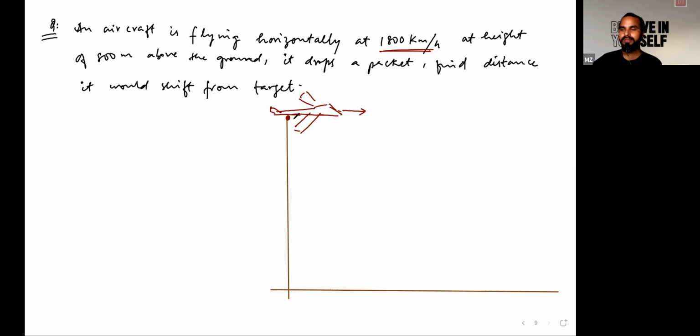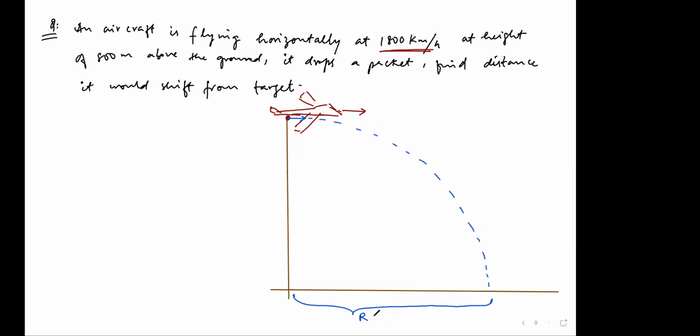All objects acquire the velocity of the system of which they are a part. Since the packet is initially in the aircraft, it must have the same initial velocity as the aircraft. So it will move like this and fall at this point, missing the target by this amount. So we have to calculate nothing but the range. Is it clear to everyone? Yes, sir. Just try to solve.